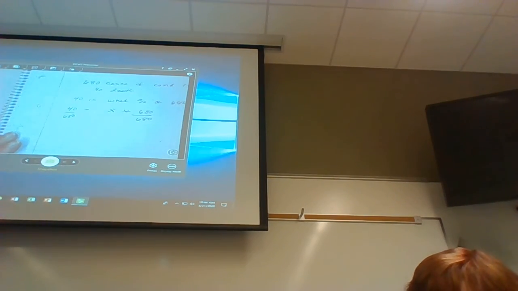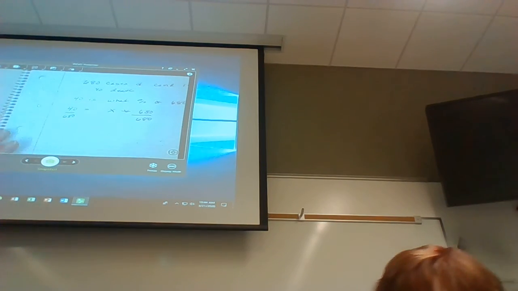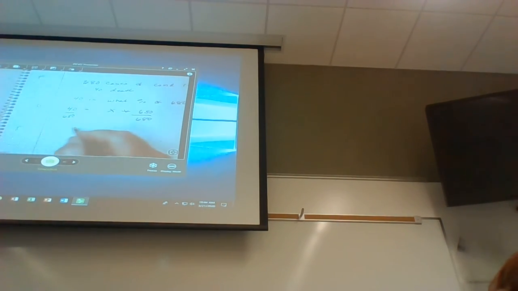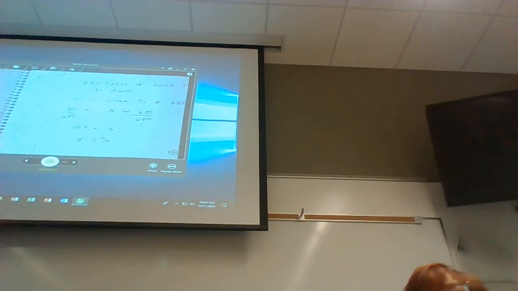So 40 divided by 680 is equal to 0.058, actually rounds to 0.059, is equal to X, which is 5.9%. So the death rate in this particular area was 5.9%, not the 2 and even 1% that I've heard some people talking about.